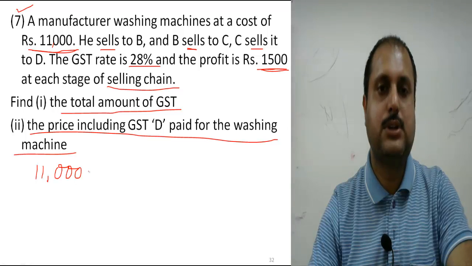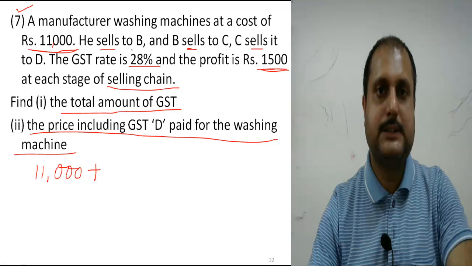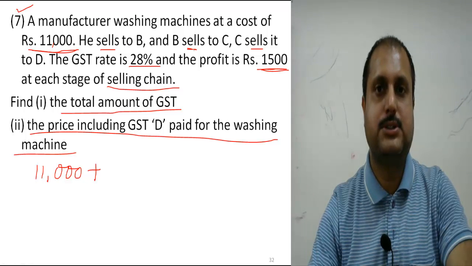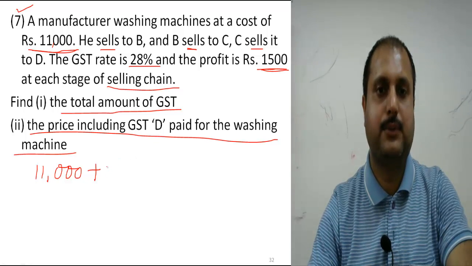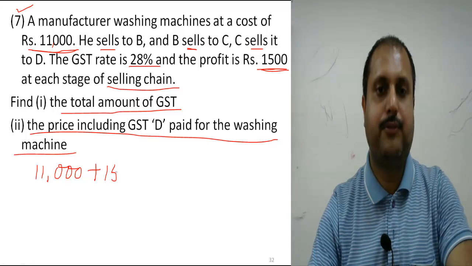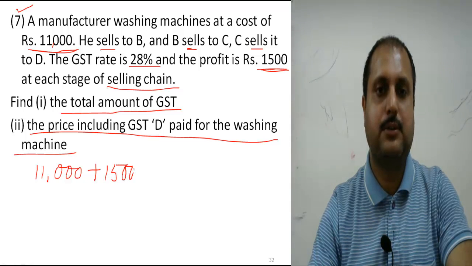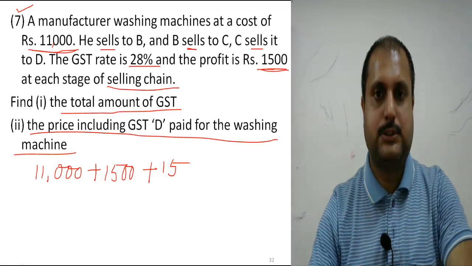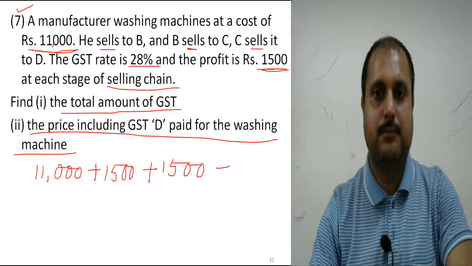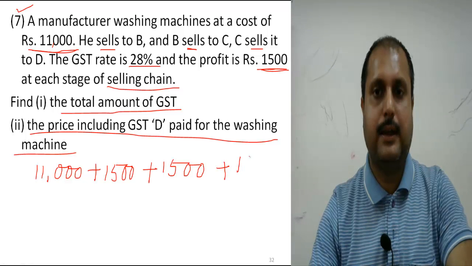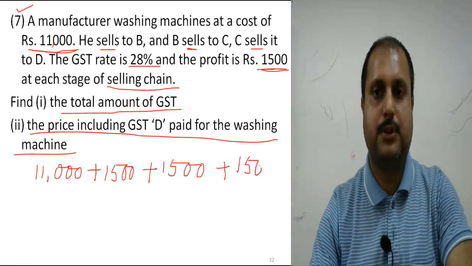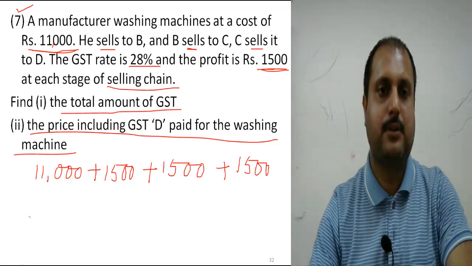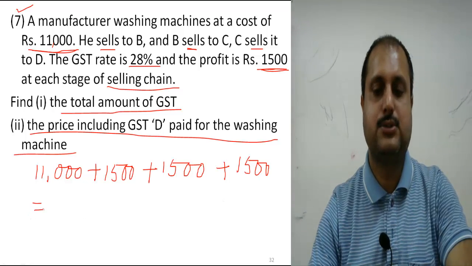So 11,000 is the total amount, plus he sells to B the first time, the second time and the third time. 3 times the sale has happened and 3 times the profit of 1,500 has been made.